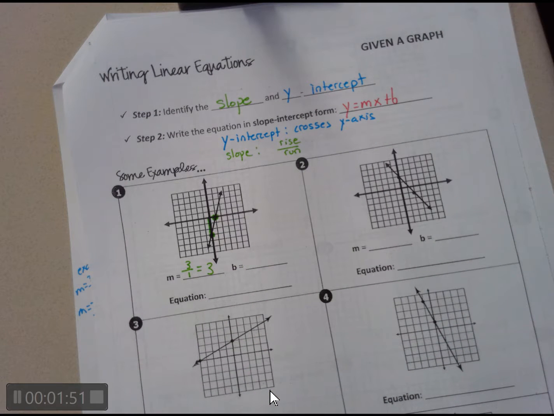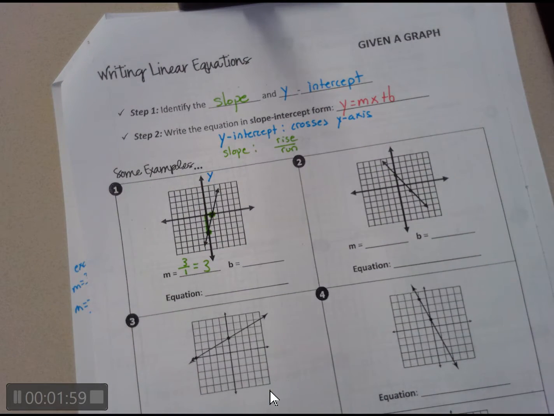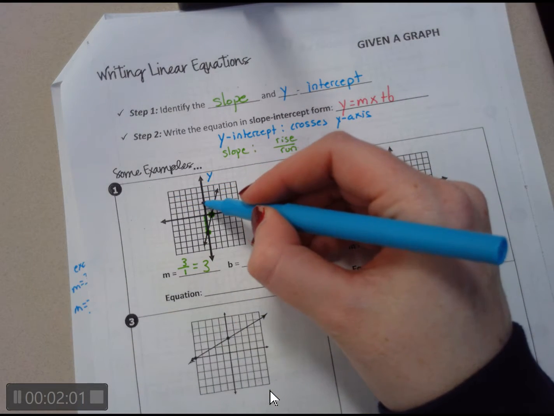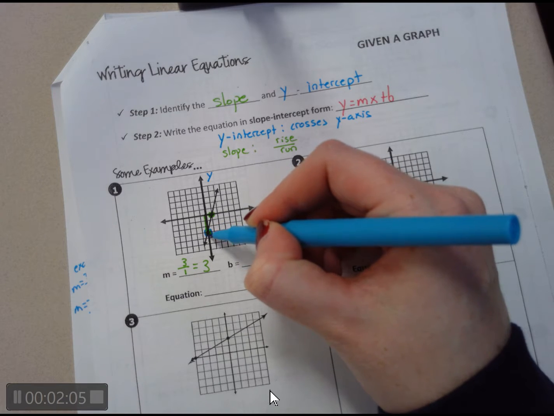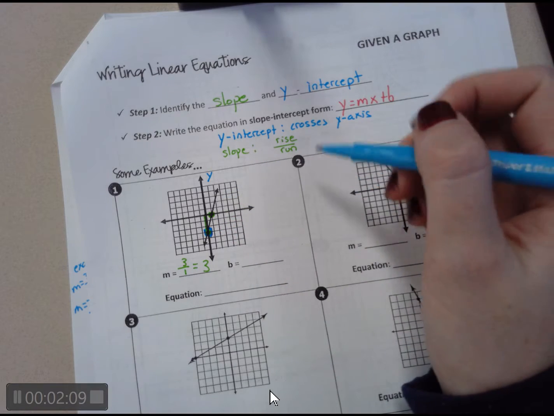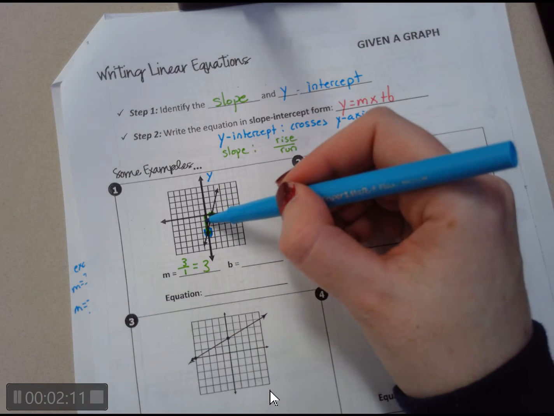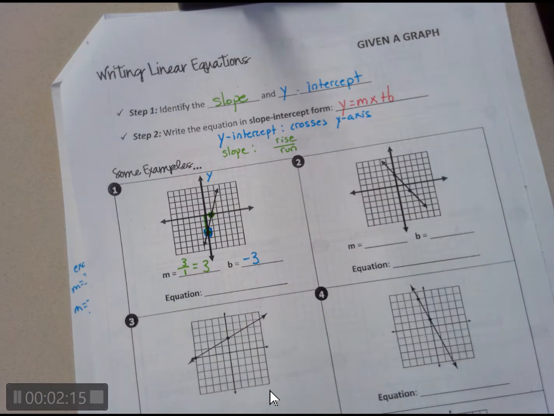All right, and then our y-intercept, well, that's where it crosses the y-axis, which is this axis here. So you are just going to scan your y-axis until you see a point, which it is right here. Okay? And where is that point? -1, -2, -3. So our y-intercept is -3.